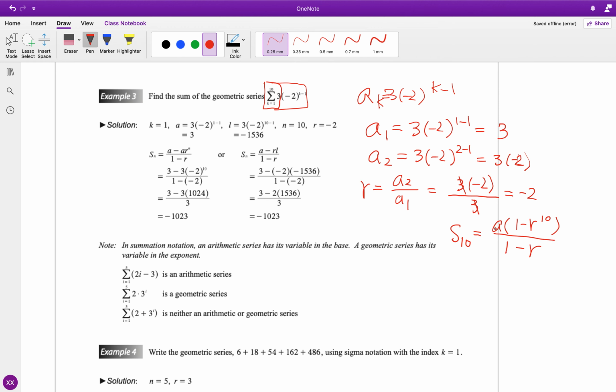Then I know my r, I know my a1, so this is no problem. So that is 3 times 1 subtract negative 2 to the power of 10. That is basically 2 to the power of 10. So 2 to the power of 10.